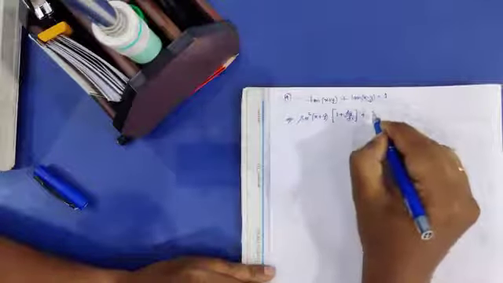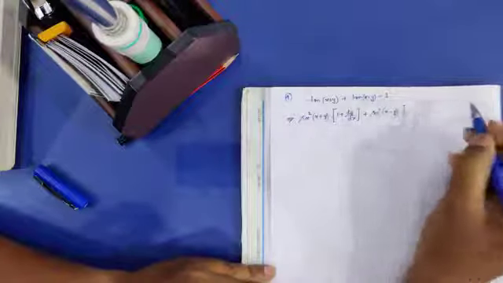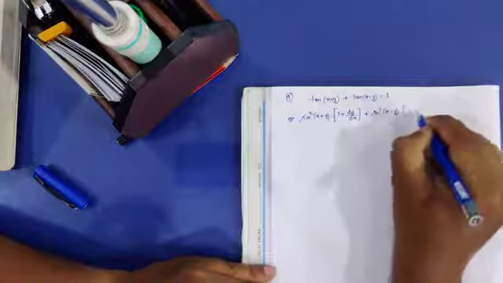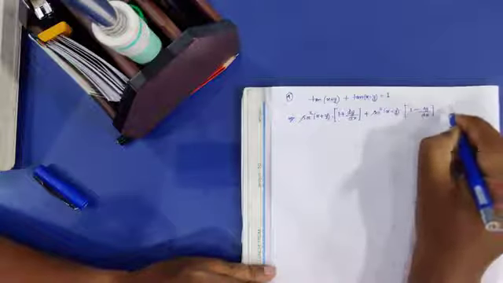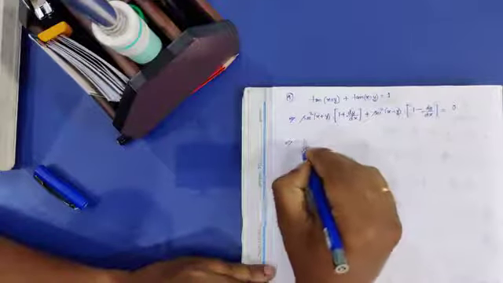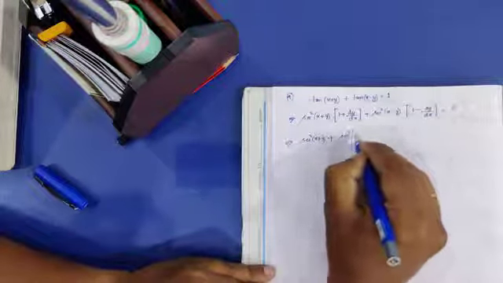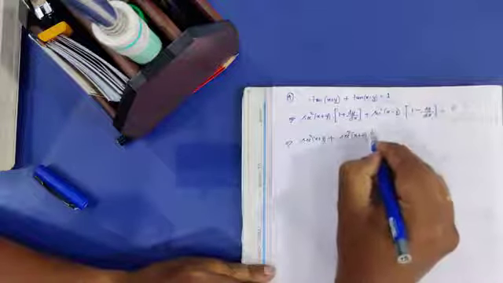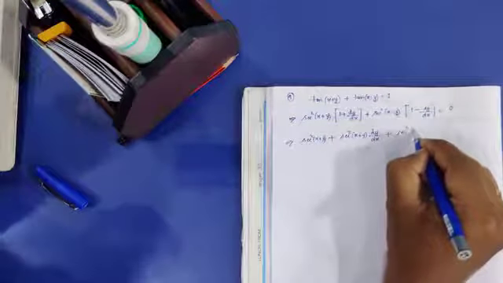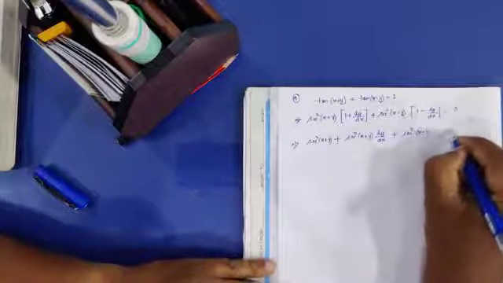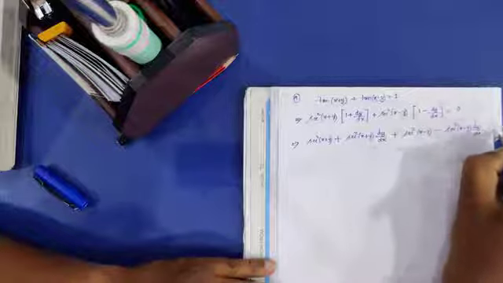For tan again the derivative is sec square, but this is x minus y. Then you differentiate again: for x it is 1 and for y it is dy by dx. If you differentiate 1 it is 0. Now we get sec square of x plus y multiplied by tan of x minus y times (1 plus dy by dx), plus tan of x plus y times sec square of x minus y times (1 minus dy by dx), is equal to 0.